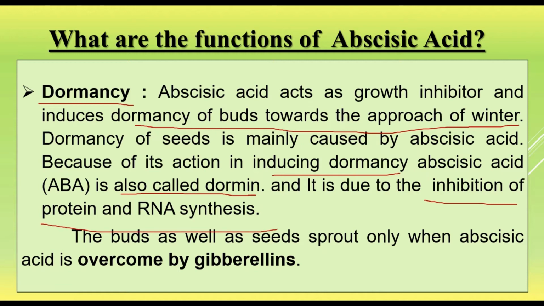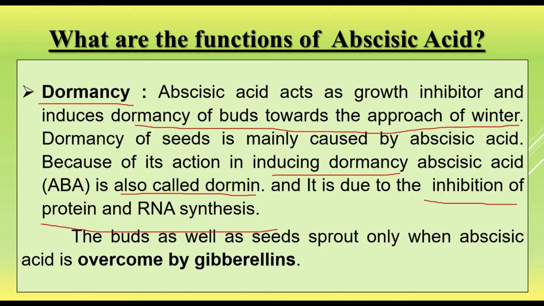I would like to explain in detail. It is believed that ABA lowers or affects the process of RNA translation. That means RNA or the protein synthesis is affected. Therefore, the enzymes like alpha amylase and protease, which are required to break down the reserve food materials like starch and protein present in the seeds or the cotyledons, are not produced.